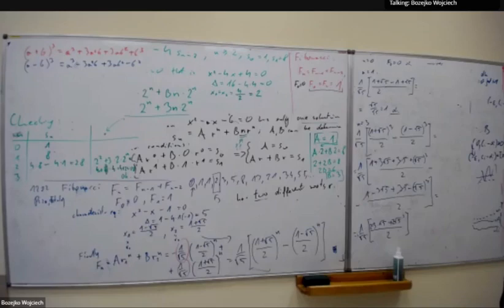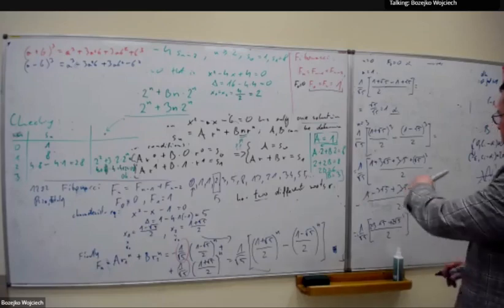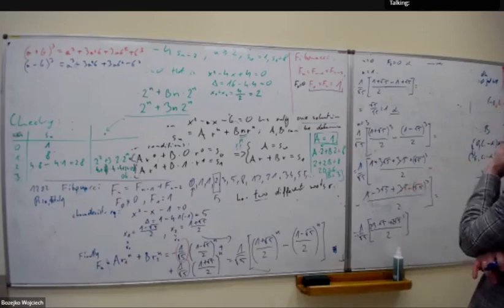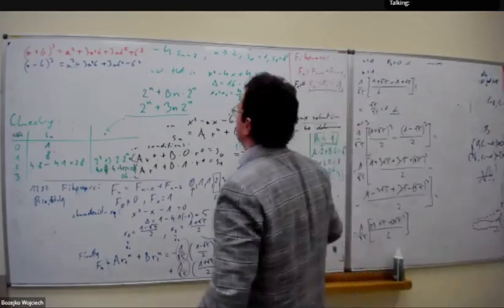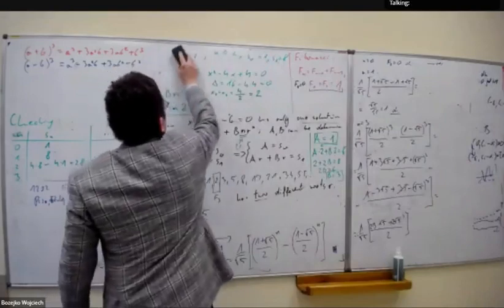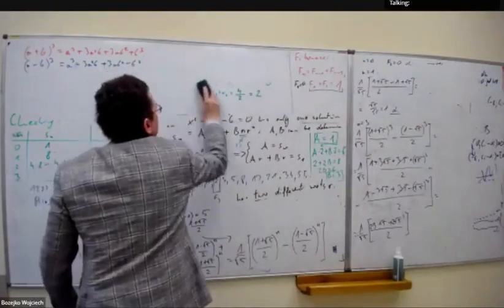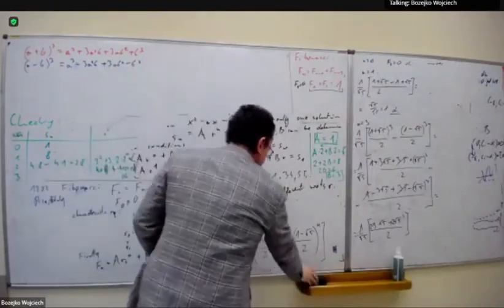Maybe I'll just write it in the too short form. So I think so. Once again, something is not okay. Initial conditions work, so it should be nice. Just a second.